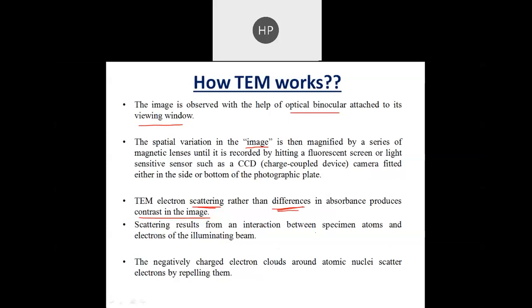Scattering results from an interaction between the specimen atoms and electrons of the illuminating beam. The negatively charged electron clouds around atomic nuclei scatter electrons by repelling them.